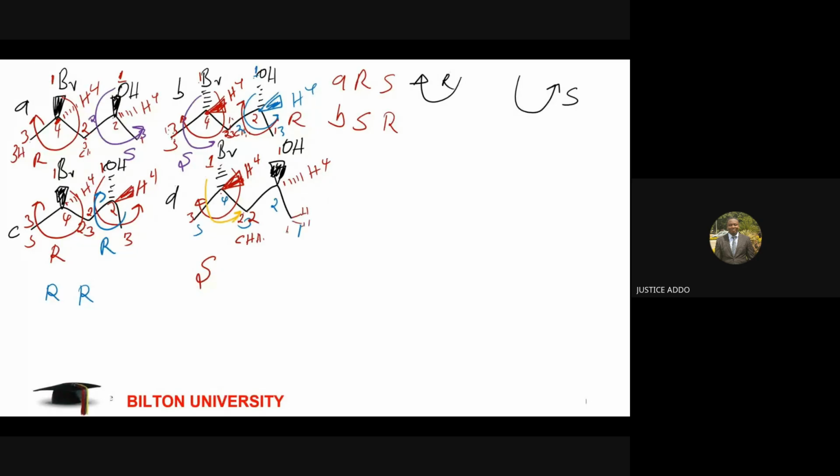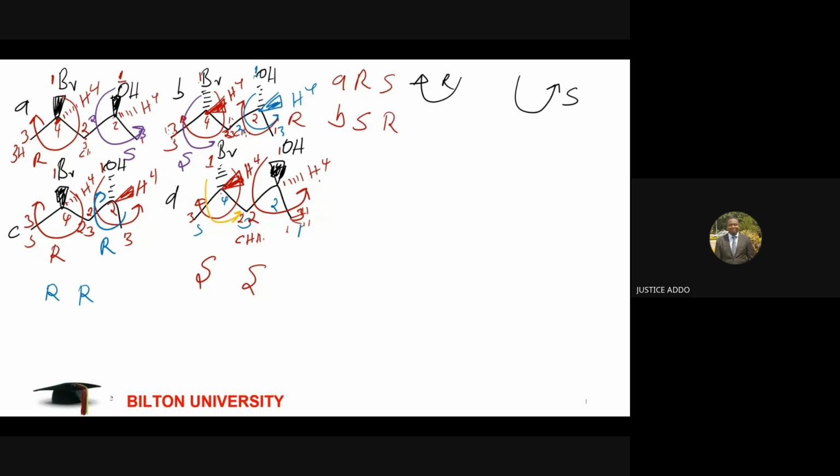So carbon number 3 will have the second priority, this is the third priority, and hydrogen, of course, is the fourth priority, and therefore we can simply move in the S direction, giving us SS. So just like I've said, D is the opposite of C, and gives us SS.